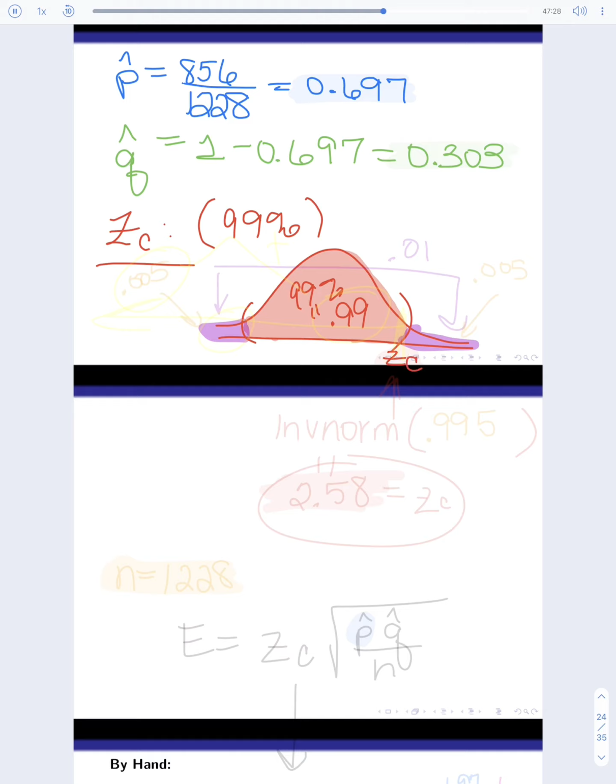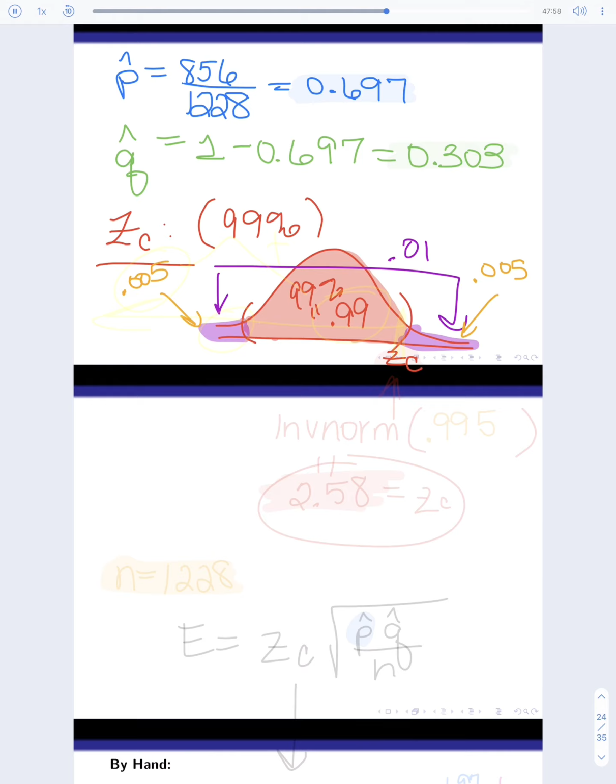We always want the positive one. Well, if we've already used the 0.99 in the middle, that means that between both sides, it has to be the other 1%, or 0.01. But what does that mean about each piece, the top and the bottom, separately? If together they have to be 0.01, separately they have to be 0.005.